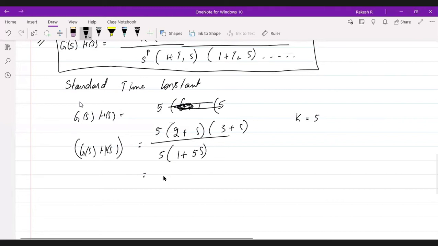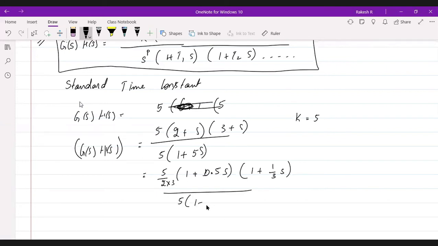I will be dividing the complete equation by 2, so this becomes 1 plus 0.5s. Similarly, 1 plus s by 3, and 1 plus 5s. You need to change the complete system into the standard time constant format.